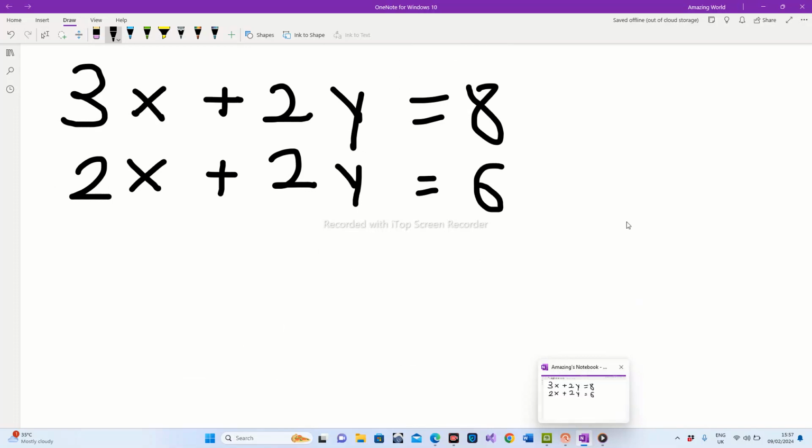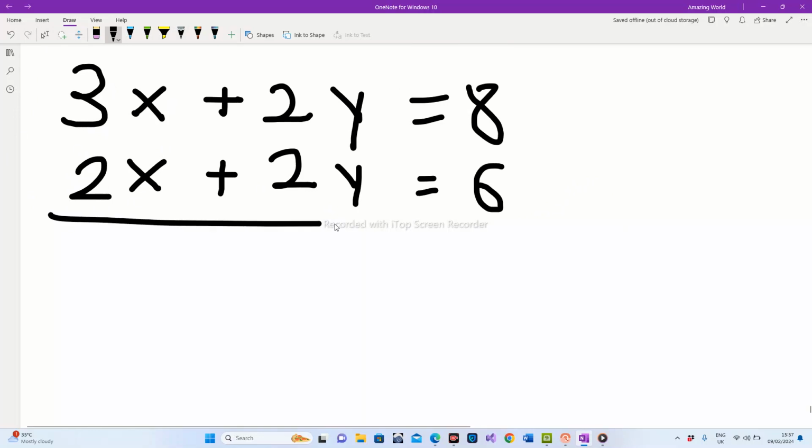Alright my friends, let's get ready to solve this right now, just like we do in our elementary mathematics. I told you when solving by the elimination method, it is very good to first of all consider the signs before your variables.